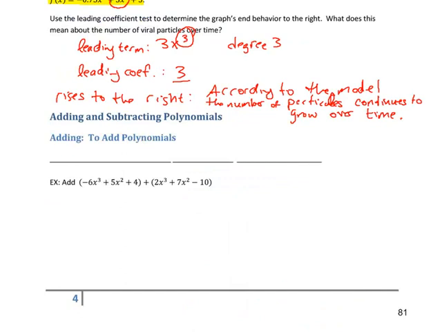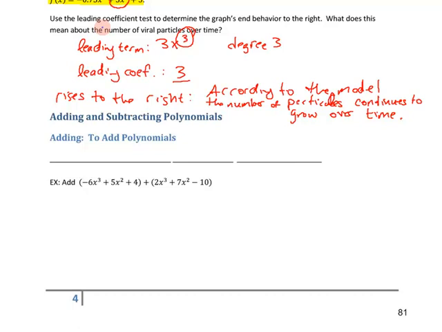Now let's talk about how we add polynomials. Now that we've got these new types of functions that we're going to be working with, we know what polynomials are, we know how to evaluate them, we even know a little bit about their graphs. But what we're ready to do now is to do our arithmetic operations with these polynomial functions. Okay, since polynomial functions can represent any type of real quantity, like above they were representing the number of viral particles, right?